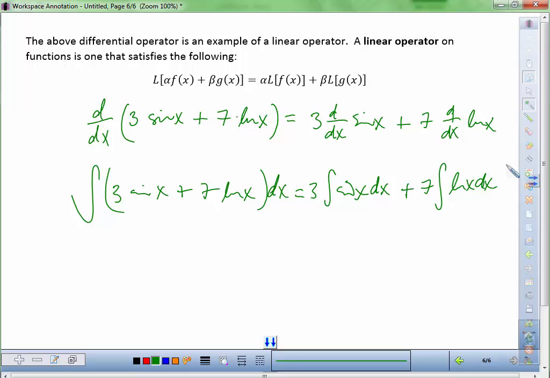Are there other linear operators? I can think of another linear operator that doesn't necessarily work on functions, but works on something else. You guys have heard of matrices, haven't you?